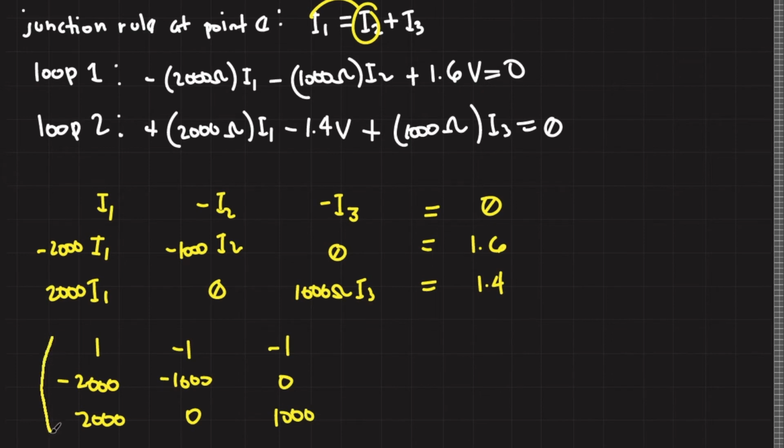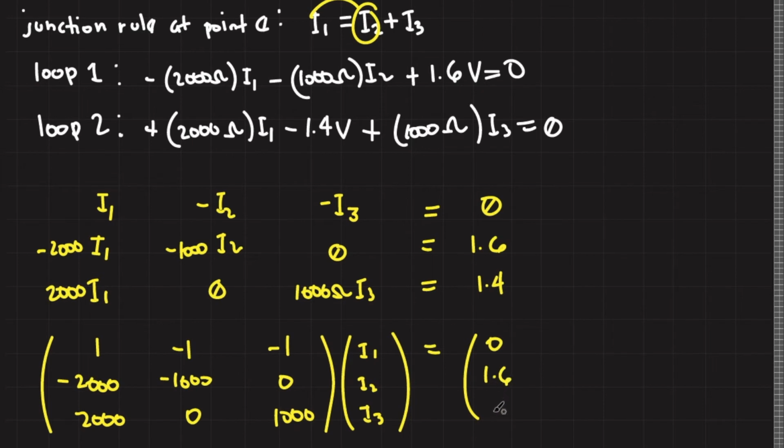And this matrix is multiplied to a column vector I sub 1, I sub 2, I sub 3, and it is equal to this column vector of constants 0, 1.6, 1.4.